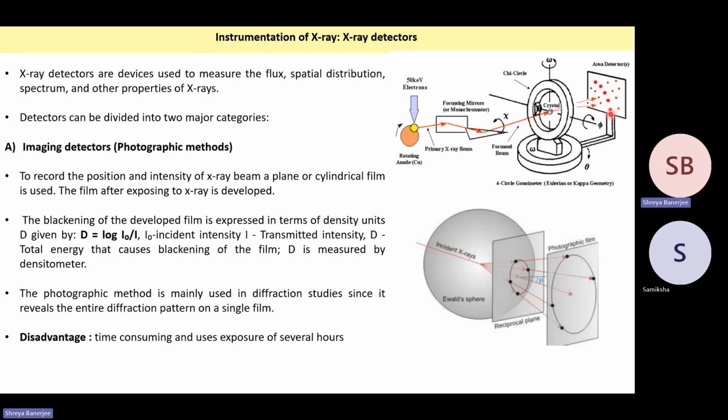Whatever spot you are getting will have a certain density, given by D. So this is like a photographic film. In a photographic film, whenever you expose it to light, the photograph develops. Similarly, wherever the X-ray is hitting on this detector, you will get a certain pattern of spots. The disadvantage is that it is very time consuming and takes several hours.